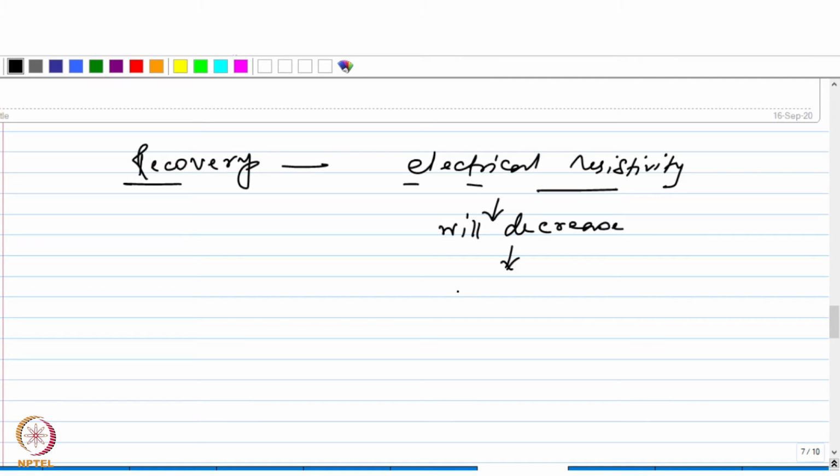This is because the dislocation density is reduced, and therefore there are fewer scattering centers for the electrons, because these dislocations can also act as scattering centers for the electrons, which are the charge carriers for the electrical conduction. So when the dislocation density is reduced, there is less scattering of electrons, and as a result the electrical resistivity is decreased and the conductivity will increase.